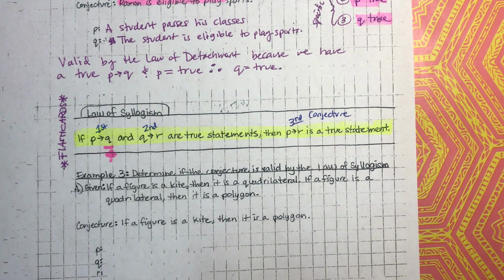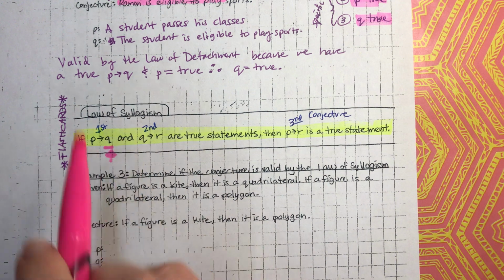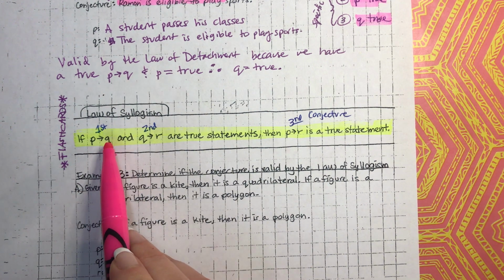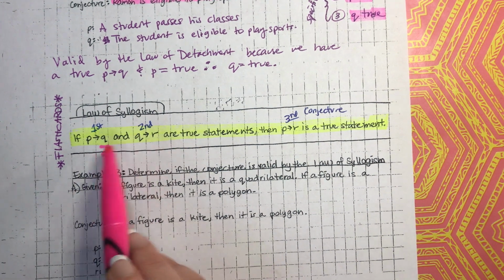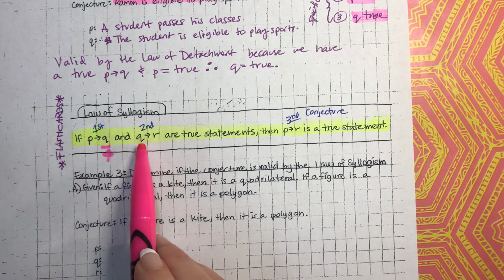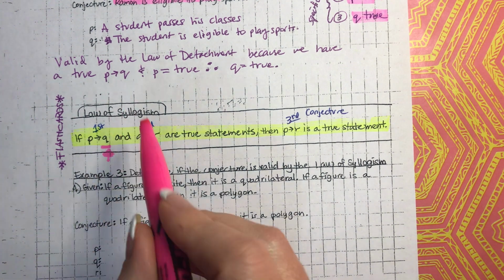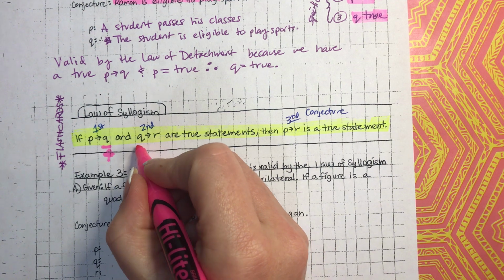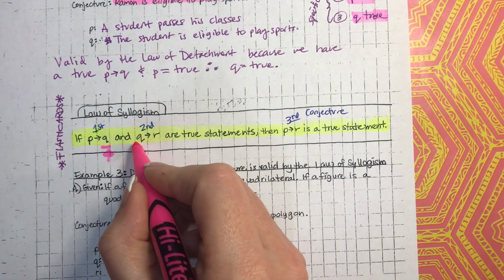The rule of the law of syllogism means that in the first sentence, that Q that was the conclusion then becomes the hypothesis. It becomes the first thing in the second sentence.